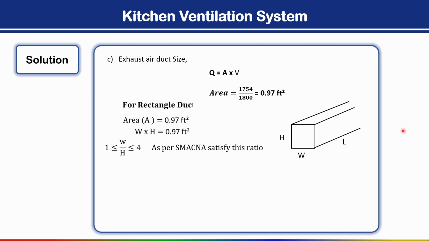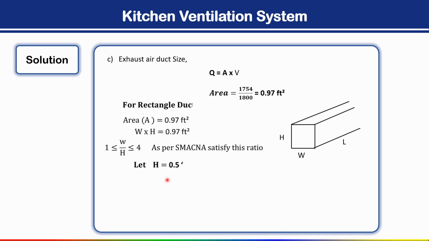You have to assume a height such that when you calculate the ratio of width and height, that ratio will be greater than or equal to 1 and less than or equal to 4. We have to satisfy this ratio as per SMACNA, but this ratio is only for rectangular ducts. So here I am assuming, let's say, h is equal to 0.5 feet.